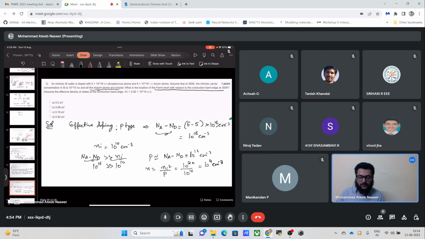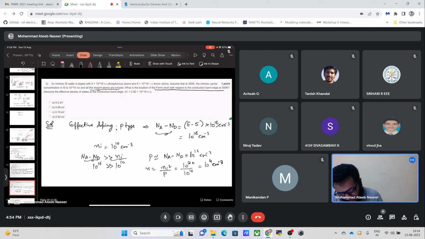Whenever we say effective density of states, we say that the whole density of states is concentrated at a particular location, which is the conduction band minimum. Therefore, for ease of calculations, this is valid up to a large extent. It gives us desirable results.